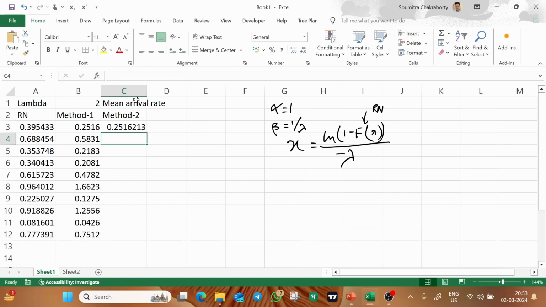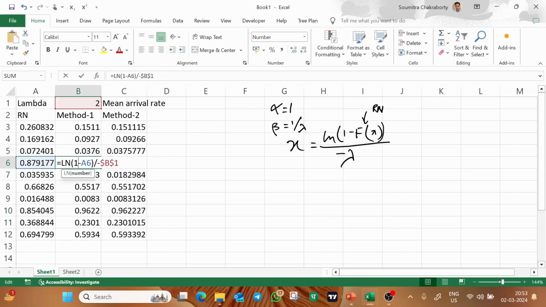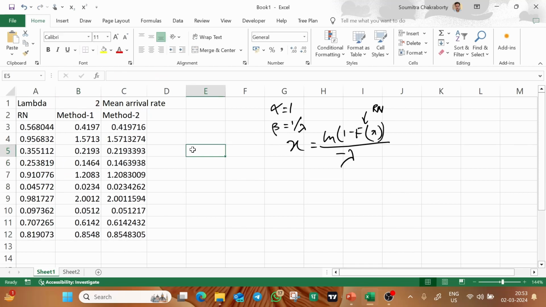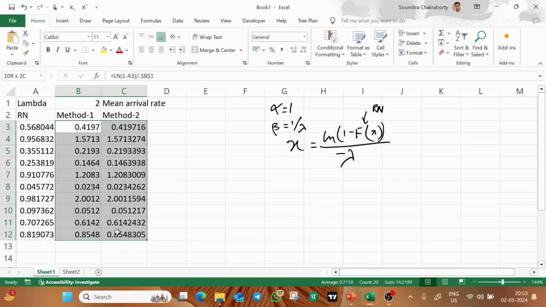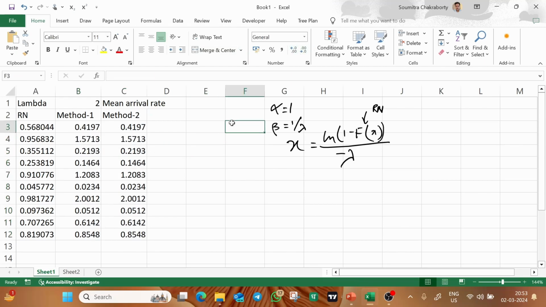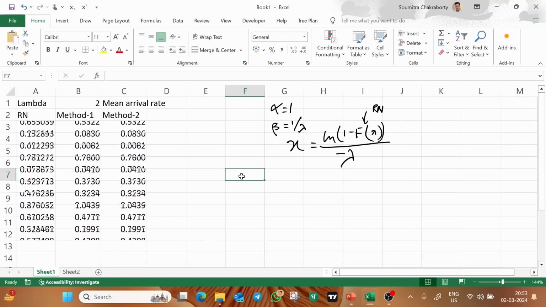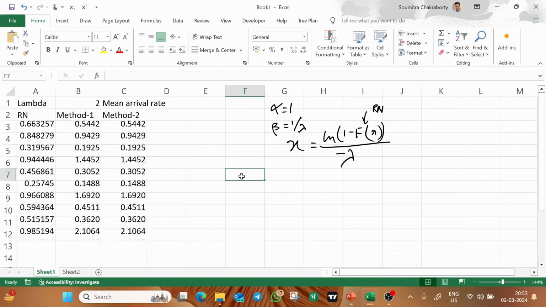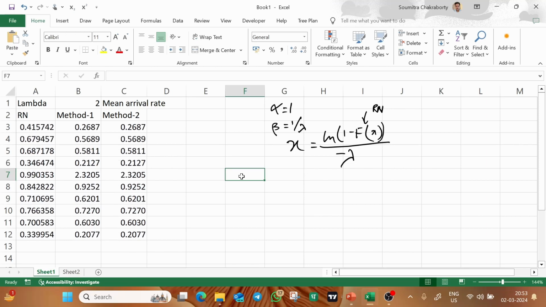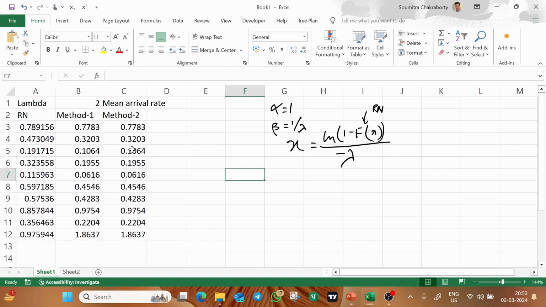Okay, so see, these two are exactly matching. So both method 1 and method 2 are giving you the same solutions for these random numbers. Of course, if you press F9 on your keyboard, then these random numbers will change, and according to that, the output of the inverse functions will also change. But in any case, these two will match.